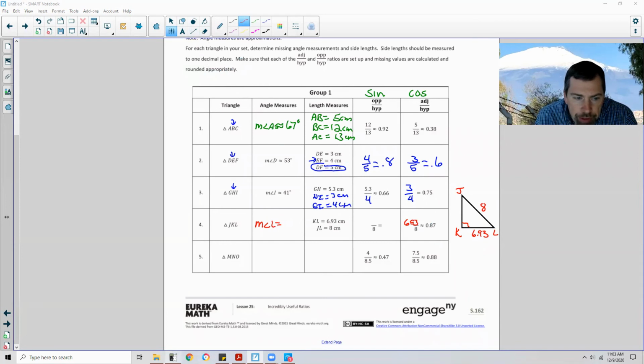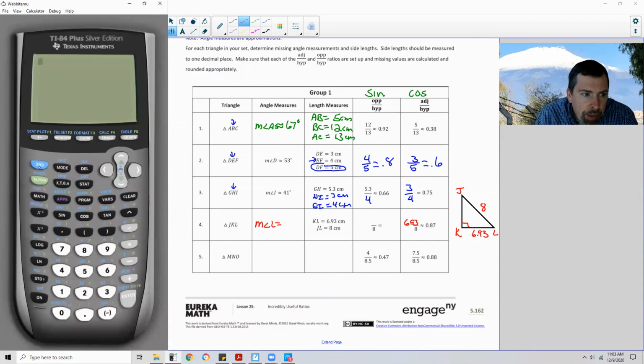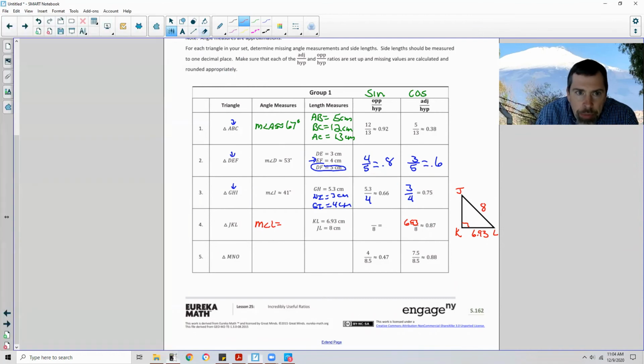So I put it in my calculator and we got, what did we get? I erased it. 6.96. So it's off by a little, but that's the value they gave us. 6.93, and hence this approximation.